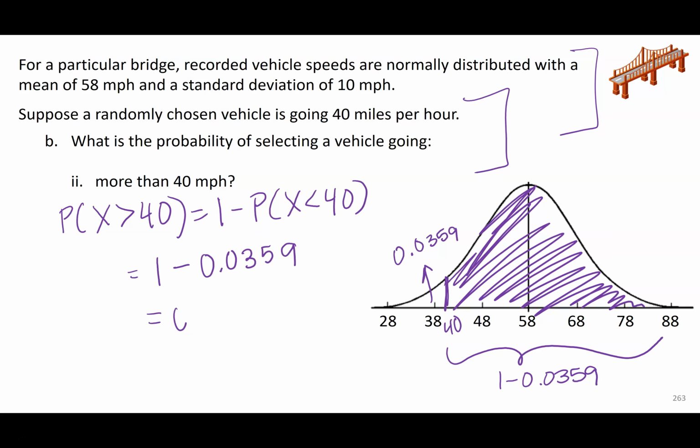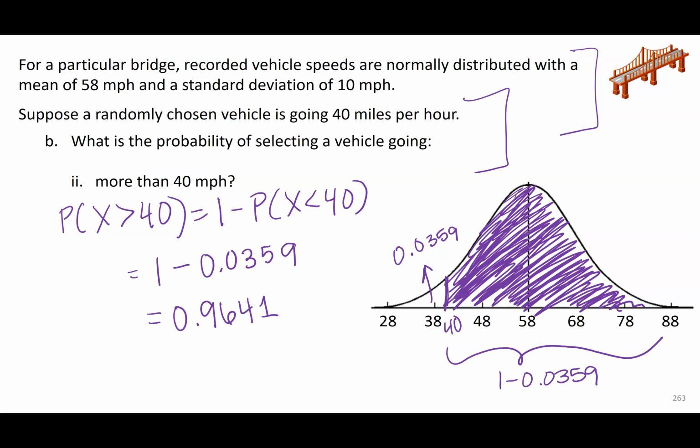It's going to come out something like 0.9641. Please definitely check the math. I'm doing this in my head here. I've also done a lot of adding and subtracting from 1, so don't feel bad if that particular mental math isn't speedy for you.